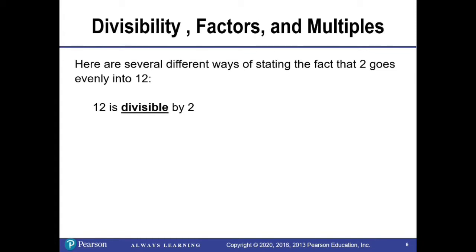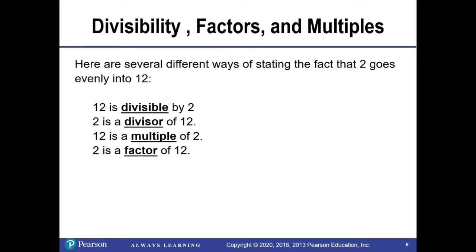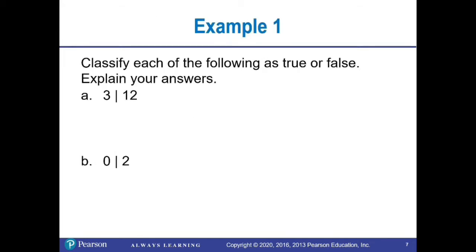We might say that 12 is divisible by 2, or that 2 is a divisor of 12, 12 is a multiple of 2, 2 is a factor of 12, and 2 divides 12. So let's look at some statements, and we're going to classify whether each of these statements is true or false.